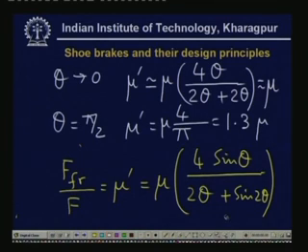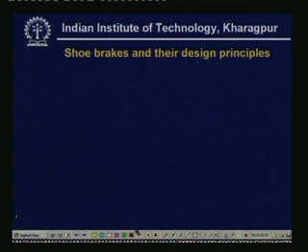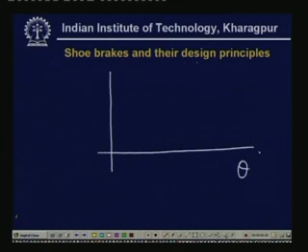Now, it could be plotted. Normally in handbooks you can see those plots. If you plot theta against mu prime by mu, that particular factor, it starts from 1, then 1.05 and so on, and goes to, let us say, 1.3.